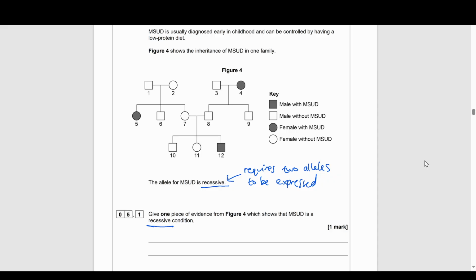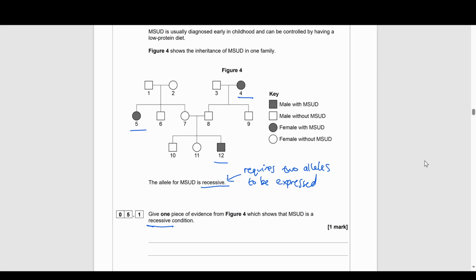So let's find offspring and their parents particularly. So we can't use 4 because 4 is the parent. We don't have the parents of 4. So our examples that we could use are 5, or we could use 12 here. So what do we notice about 5? 5 has the condition, but their parents don't have the condition.